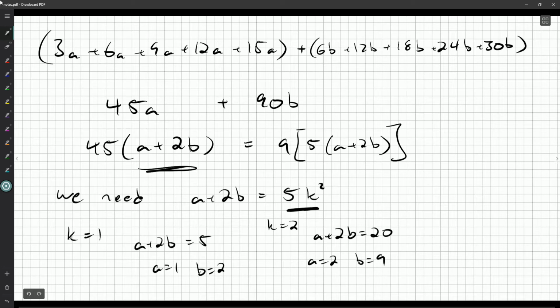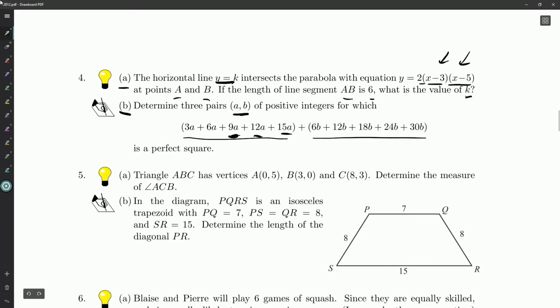That works. And for 9, we'll get 9 times 5. We need A plus 2B to be 45. Okay, and we can do that. Let B be 22 and A be 1. Right, that should work. We needed positive integers. We've got them. They didn't have to be distinct, but they were.